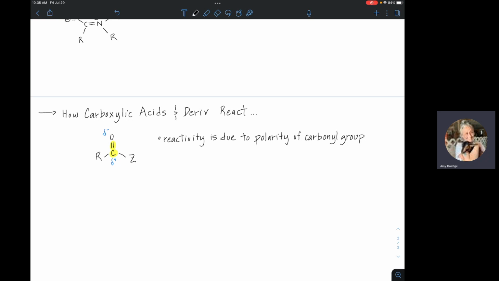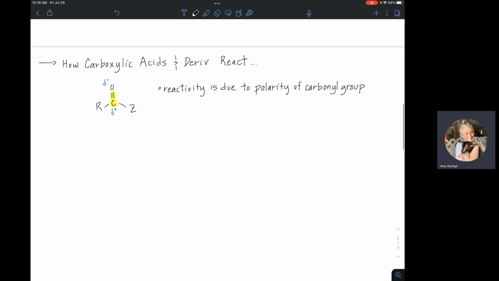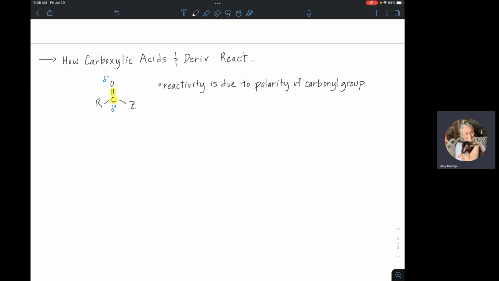The pi bond comes from two unhybridized p orbitals that have to overlap sort of across, perpendicular to the internuclear axis. So the overlap is not as great. Maybe just the tips of the orbitals are coming into contact, right? So the pi bond is going to be the weaker of the two. So when that carbon gets attacked, it's the pi bond, we believe, that breaks. And a tetrahedral intermediate is going to be formed.